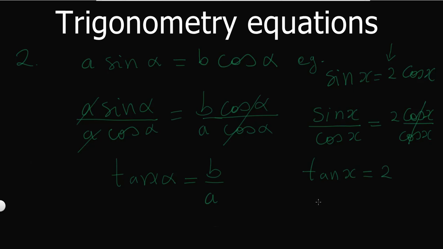Therefore, you have to calculate to know what value this is. So you take your calculator, you go to the second function. So you have x equal to arc tangent of 2. You press the tangent inverse of 2, and it will give you x equal to 63,48 degrees. But now, this is not finished.